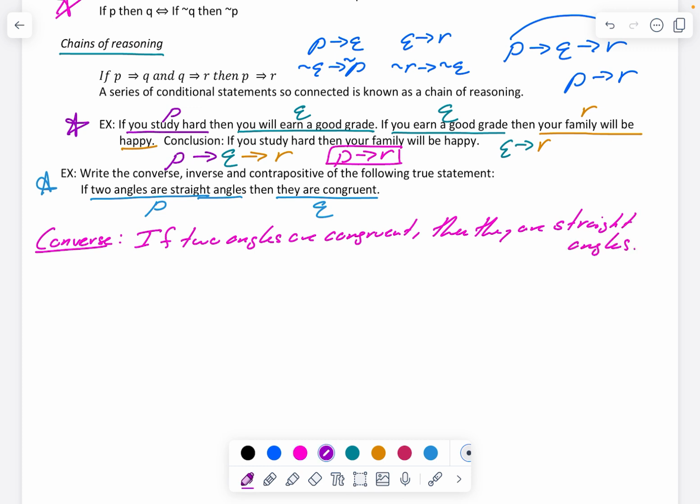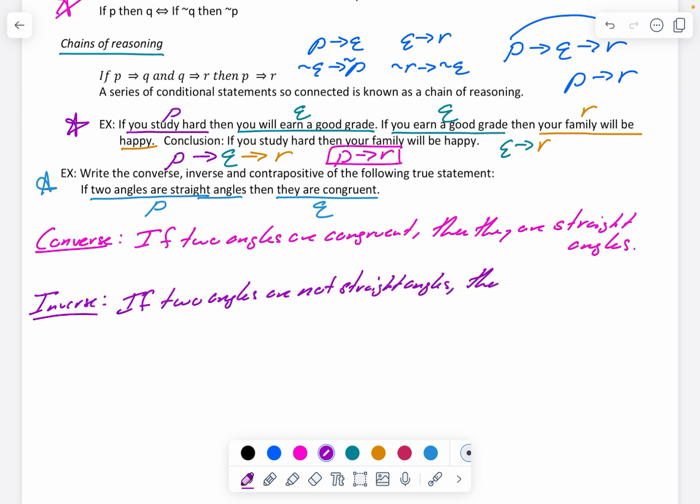Inverse. If two angles are not straight angles, then they are not congruent. There we go.